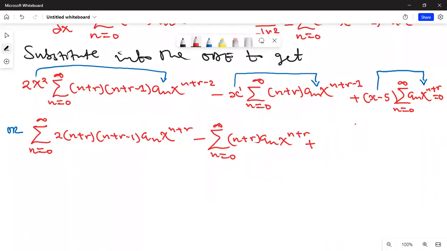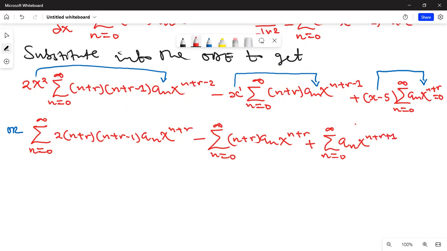Let's start by multiplying by x so that we get the sum from n equals 0 to infinity of a sub n x raised to n plus r plus 1. I've multiplied that by x.